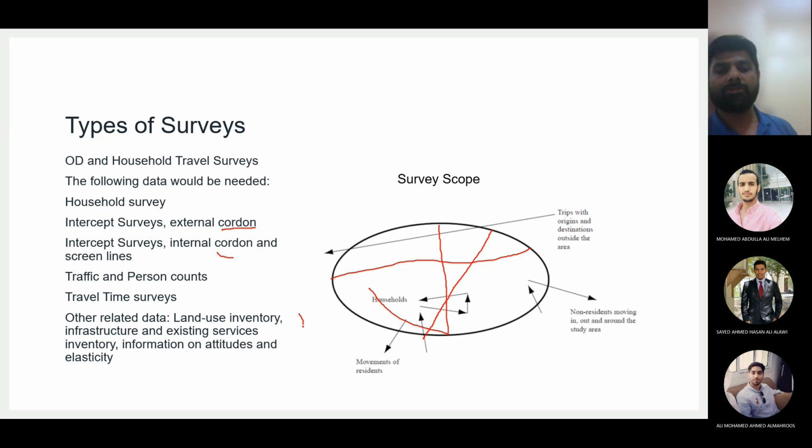This particular sort of data may come from other departments of the government. For example, the Ministry of Works in Bahrain may have a record of infrastructure and existing services. The economics department may have information about elasticity and attitudes of the people and so on and so forth.